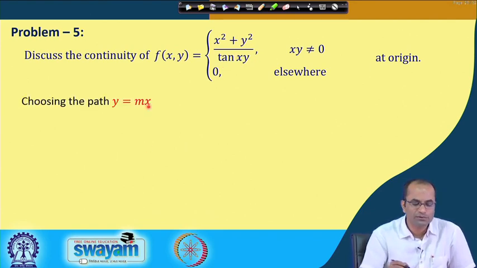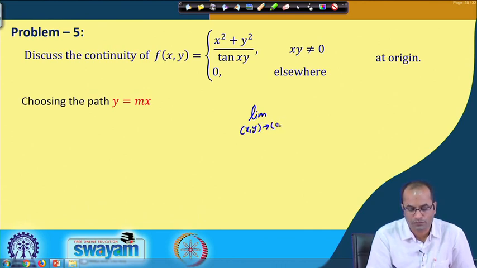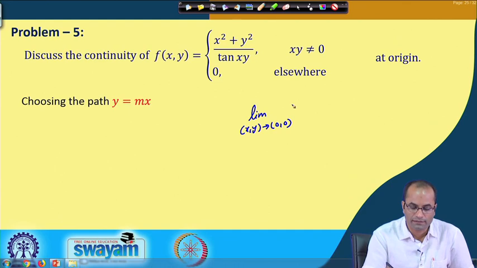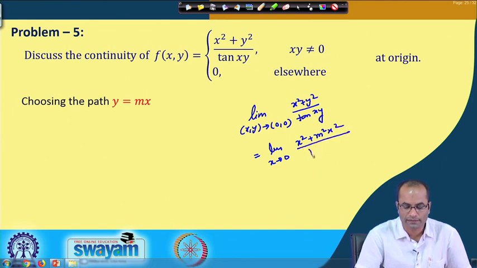So, again let us choose y is equal to m x and see what happens. So, the given limit as (x, y) goes to (0, 0) of x square plus y square over tan x y, and we substitute y is equal to m x. We take the limit x goes to 0, and here we will have x square plus m square x square, and then tan of m x square, since y is m x.